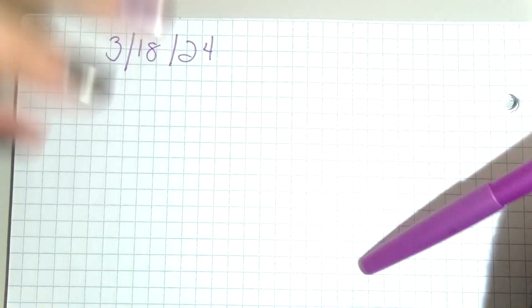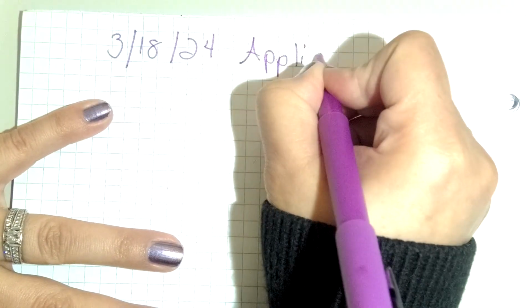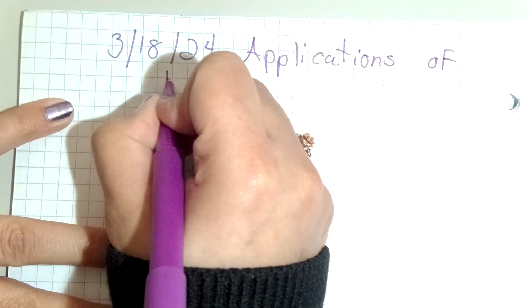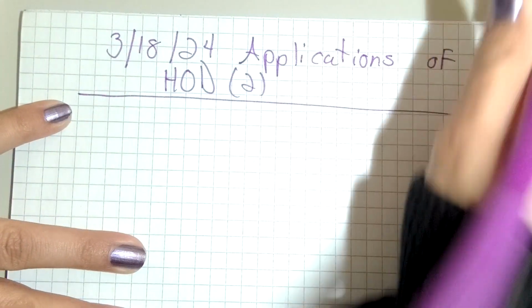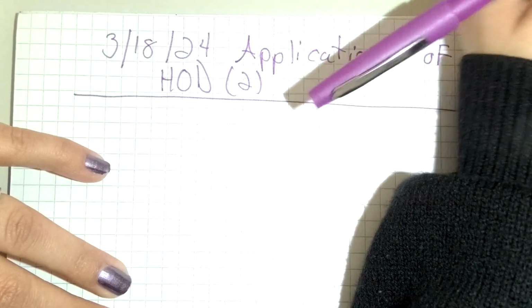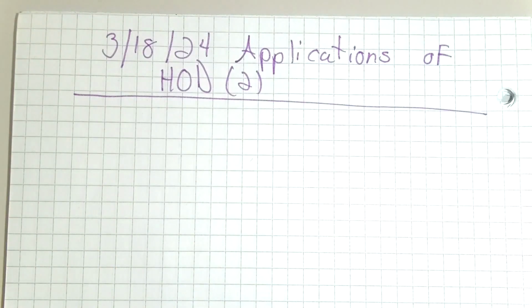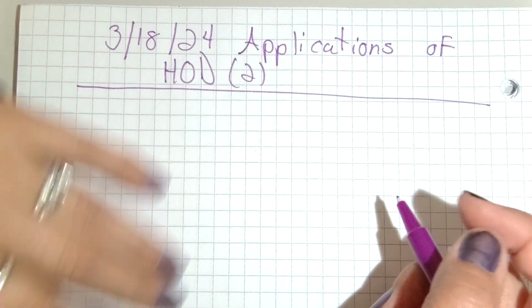So today we are doing applications of higher order derivatives, level 2. We need some vocabulary and some notation before we actually do our example. We only have one example today and one practice problem. If we have time, we'll take the exit ticket, but otherwise that will be left for tomorrow.